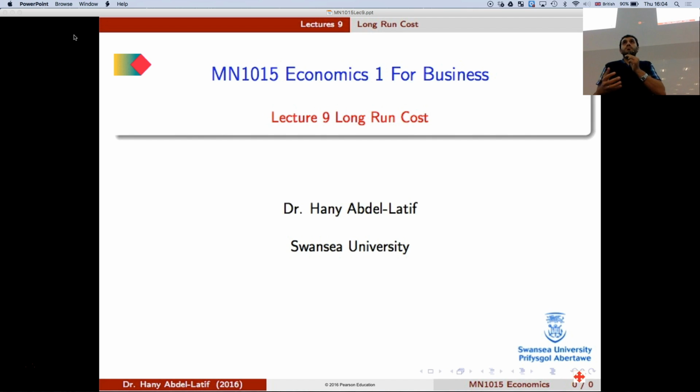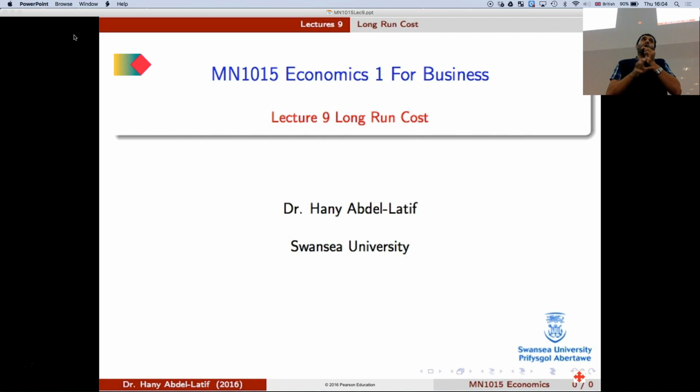But in the short run, we were looking at how many workers we should hire or employ, given the amount of capital we had. So if we had 2 machines, 3 machines, that was given. It's something that we cannot change in this time frame, the short run. And that's why we were looking at what will happen to the output and to the cost when we change the number of workers employed.